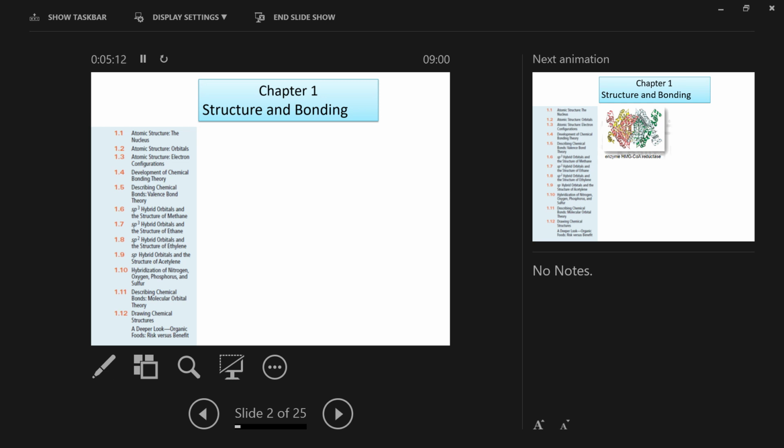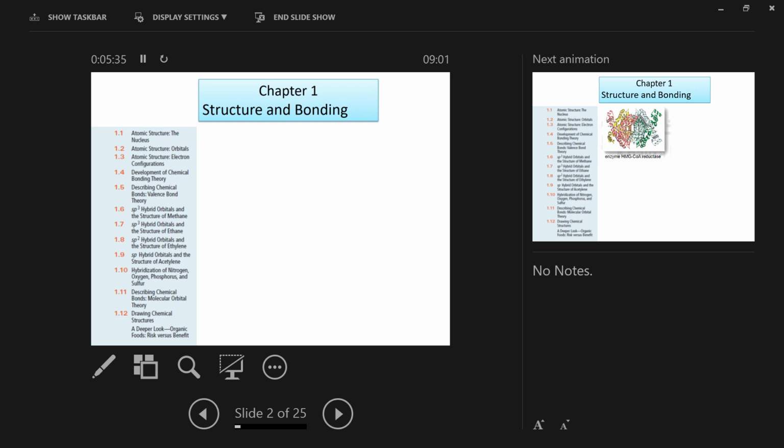Then we will focus on hybridization of nitrogen, oxygen, phosphorus and sulfur, describing chemical bonds, molecular orbital theory, graphing chemical structures, and finally a deeper look at organic foods, risk versus benefit.